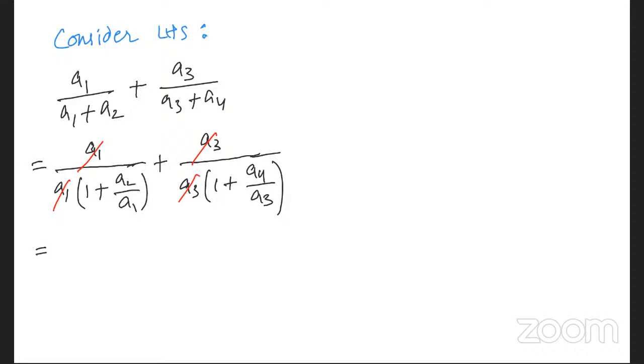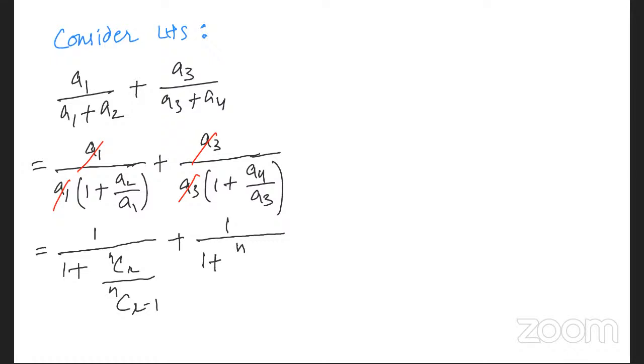We are left with 1/(1 + a2/a1) + 1/(1 + a4/a3). a2 we have considered as nCr divided by a1 as nC(r-1), plus 1 divided by 1 plus a4 we have assumed as nC(r+2) divided by nC(r+1).